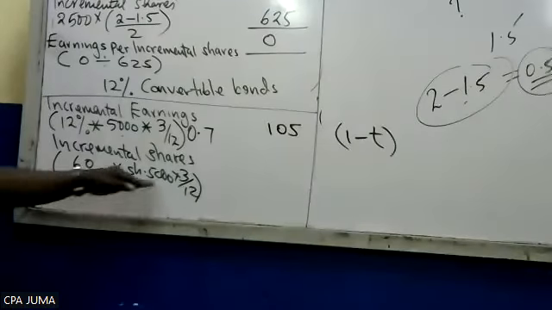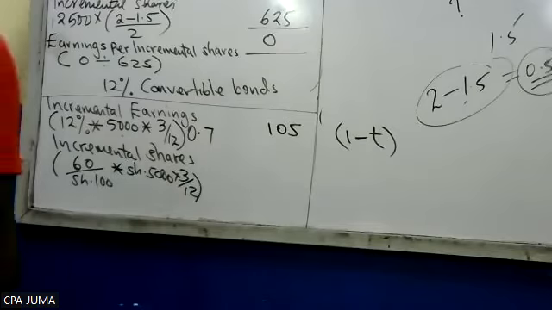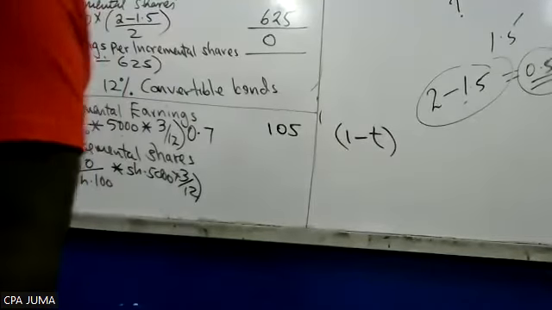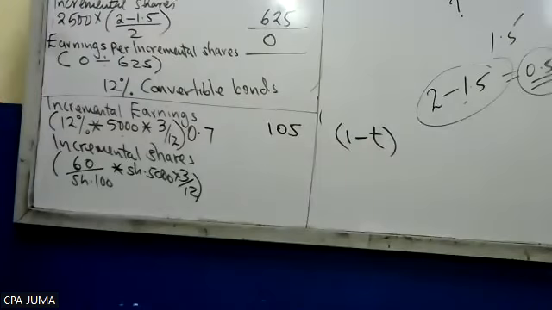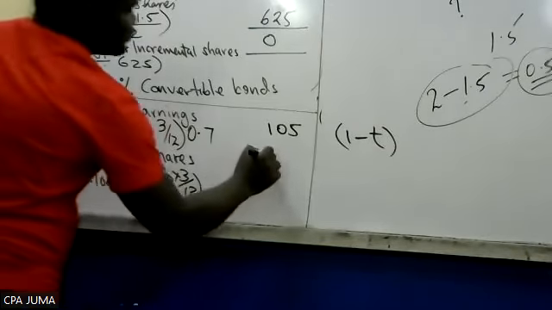So 60 over 100 times that. What do you get? 750. Thank you.